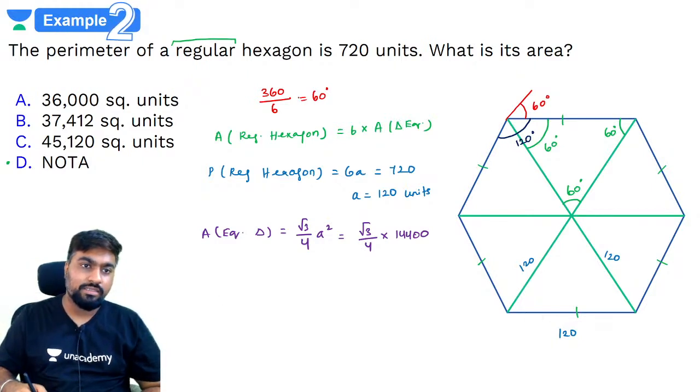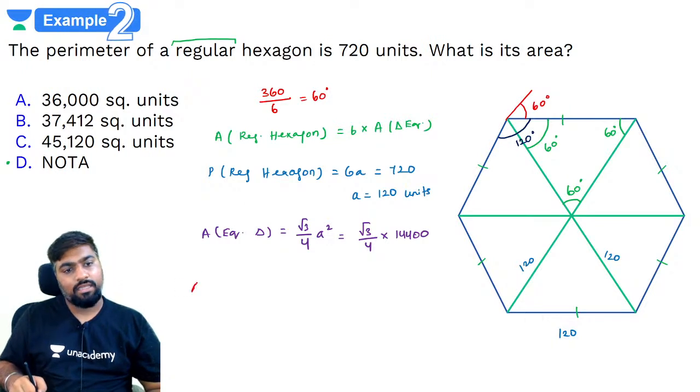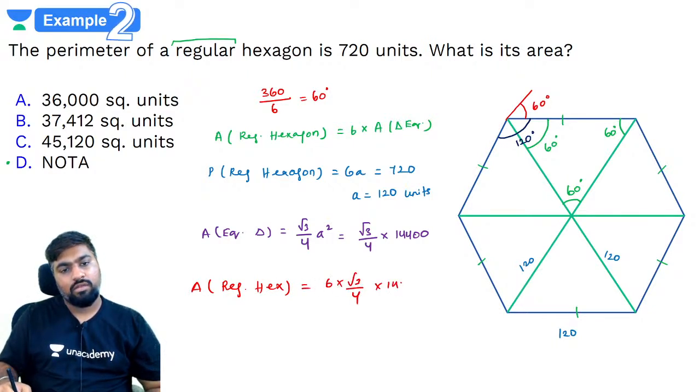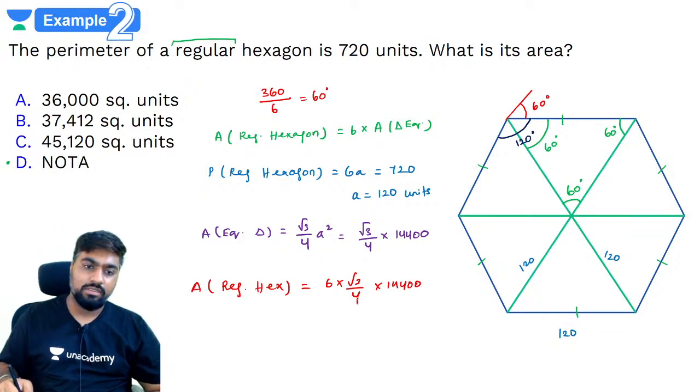We want for 6. So the area of a regular hexagon is equal to 6 into root 3 by 4 into this.